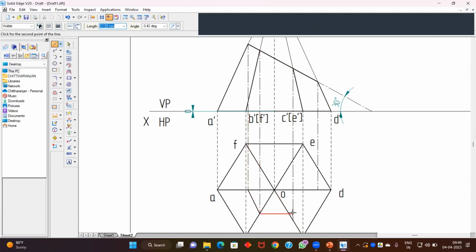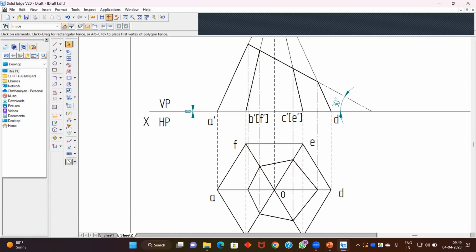2, 3, 4, 5, 6, 7. This is a hexagon, so no need of converting the line into curves. So give the names for that. Here it is 1 and 2, 3, 4, 5, and 6.